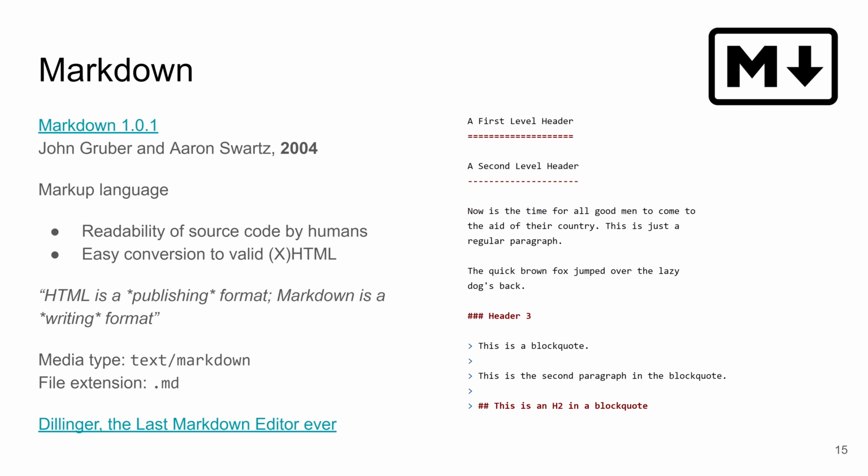Whereas HTML is viewed as a publishing format. So a format in which you publish the documents so that they can be read or rendered by web browsers, but you don't want to write HTML by hand. Those of you who tried know that HTML is wordy and it is not that convenient to write by hand.